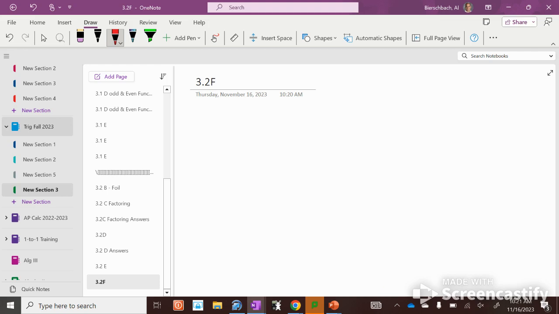So let's say that we have 2 minus cotangent squared of x times tangent squared of x equals cosecant squared of x minus cotangent squared of x.